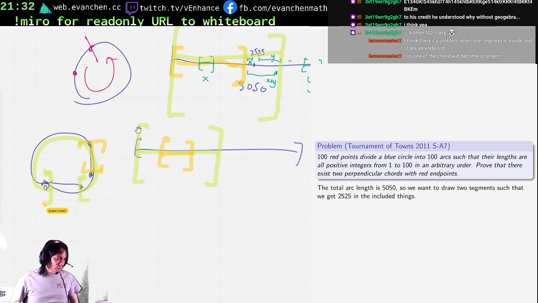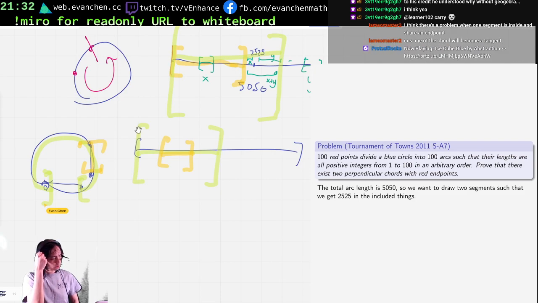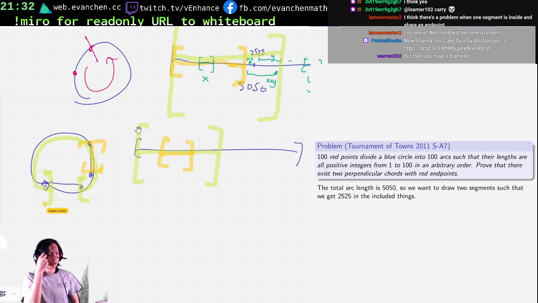I don't see why one of the chords will become a tangent. No, that only happens if it's the same chord that are both, right? Like, as long as the chord is not degenerate, when I put it back together, it'll still not be degenerate, right?